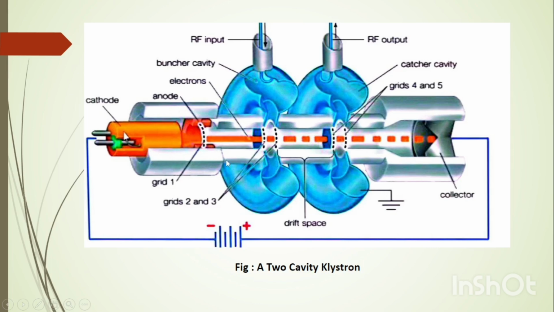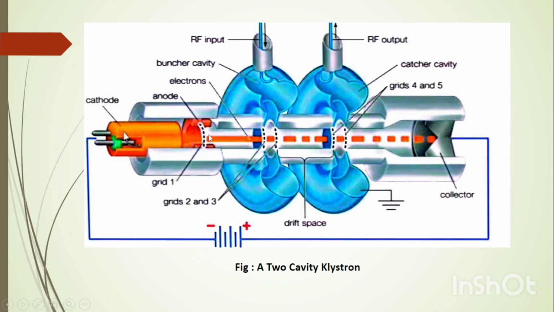Then there is also a cathode and anode which forms an electron gun connecting with a battery. And there is a collector which absorbs the spent electrons from the catcher cavity. There are five grids in this klystron.